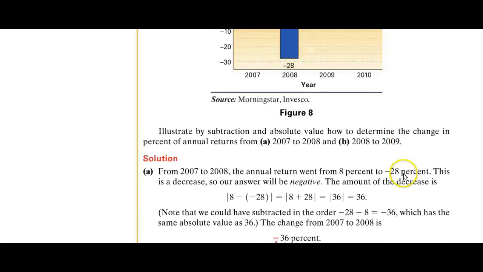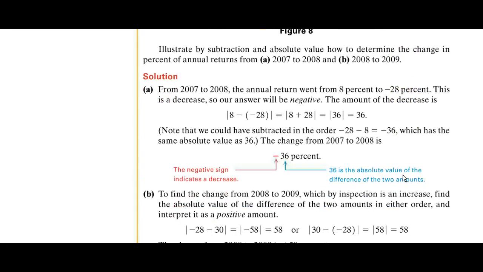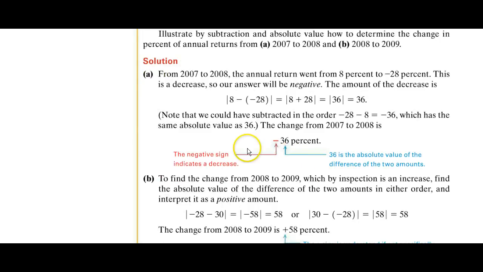Well, if we look down here, I don't have to write every one out. There is for A. Now notice a loss is negative, but you're subtracting these two, so eventually this becomes a positive. So your total distance between this, a negative 28 and a positive 8, is 36. Okay?